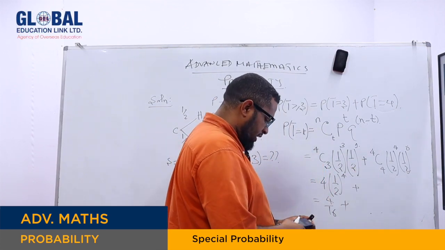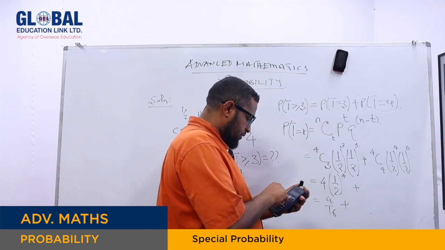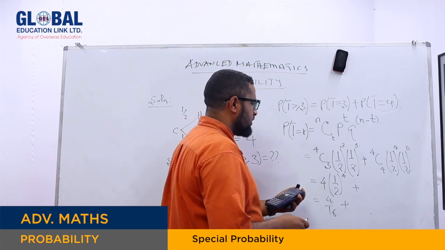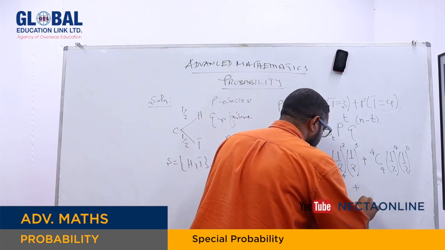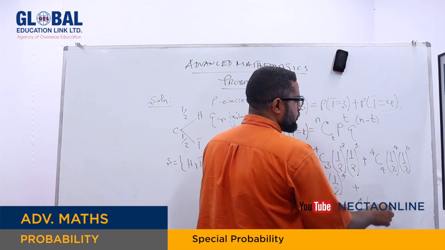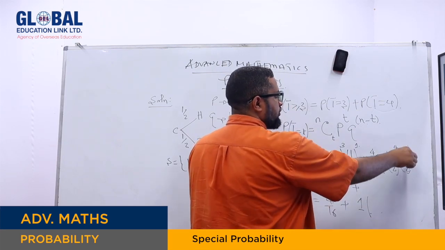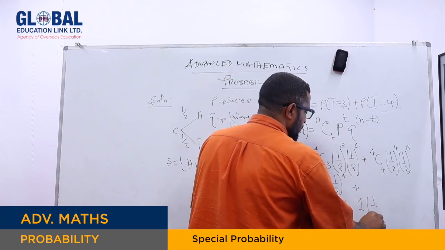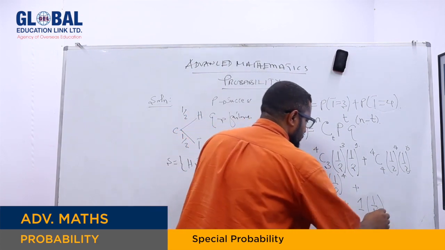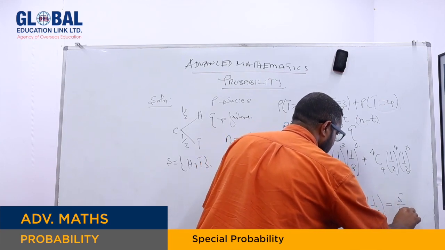Now let's check that one again. 4 combination 4 is equal to 1. So we add 1 times 1 over 2 to the power of 4, times 1 over 2 to the power of 0, which is 1, giving 1 over 16. So adding the two, you will get 4 plus 1 is 5 over 16.